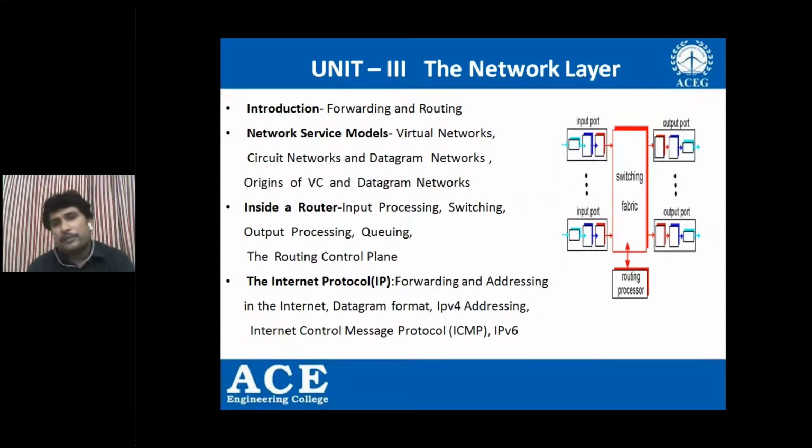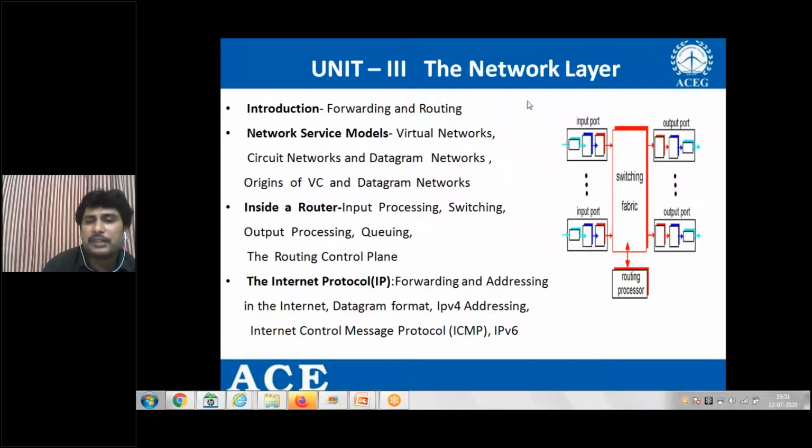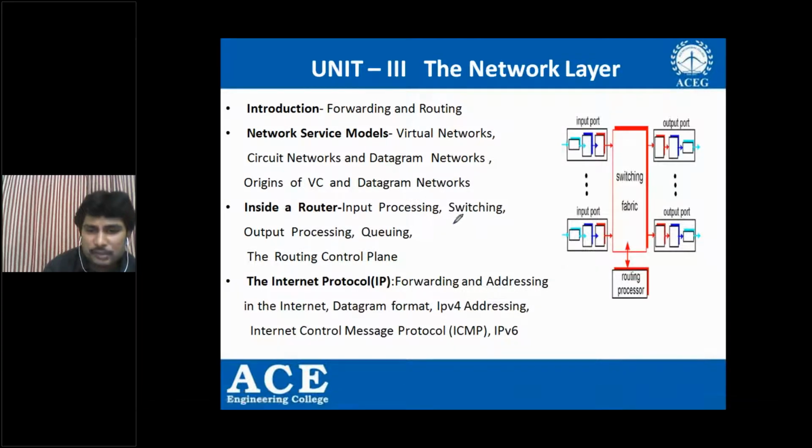Now here, when you're trying to send data from source to destination, we have three different possible types of networks. When source and destination are implementing a circuit switch network, then between the source and the destination we are going to have a dedicated path.